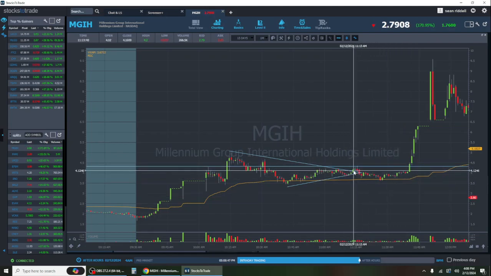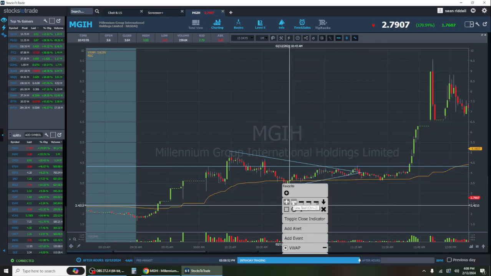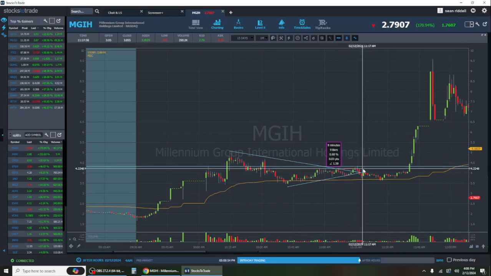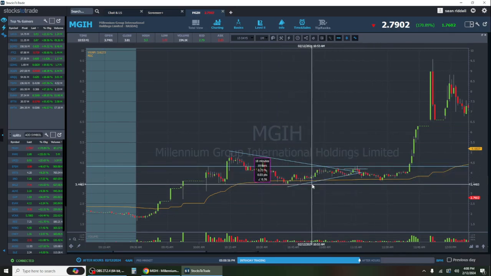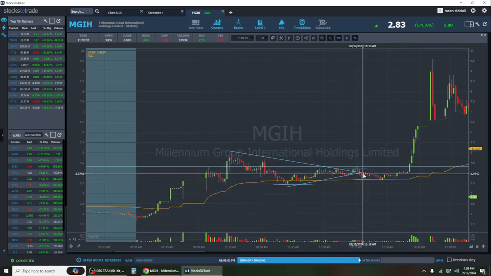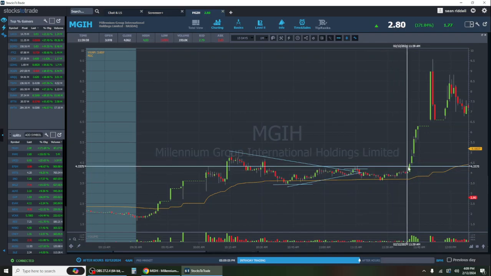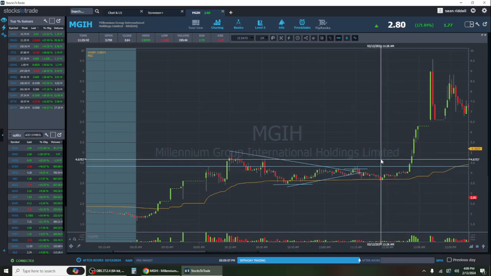You would have to take it here versus here. Take it here, risking here. Consolidates, gets back above, and then this obviously works.